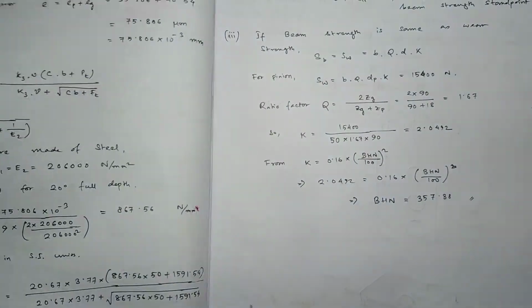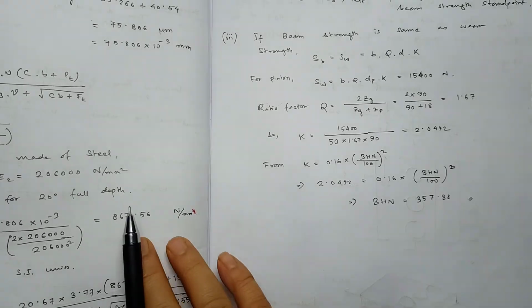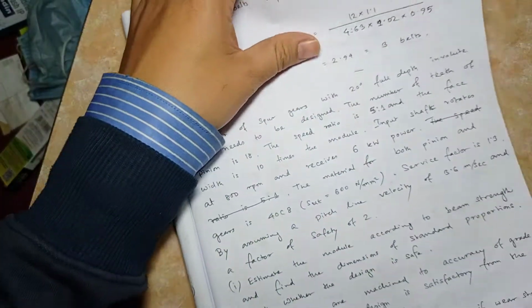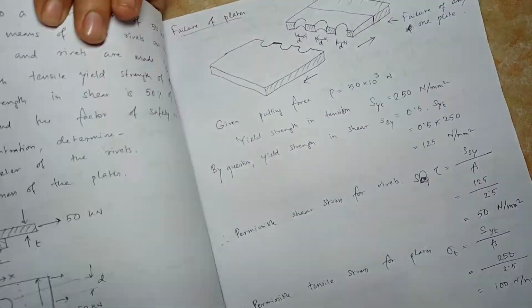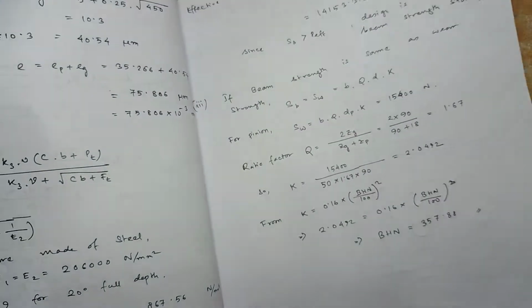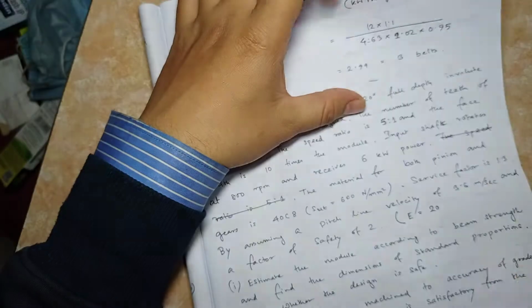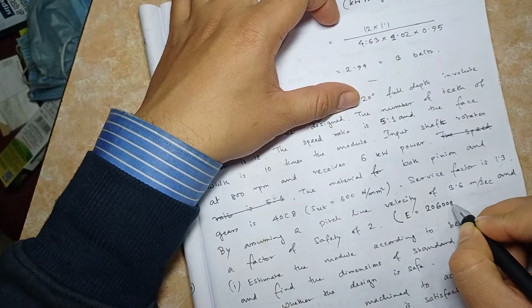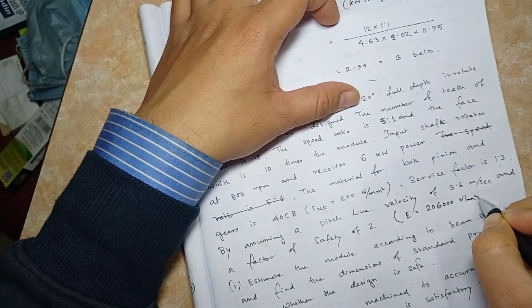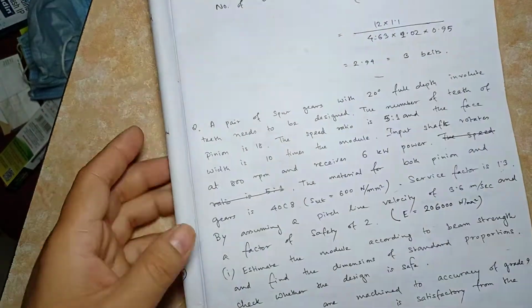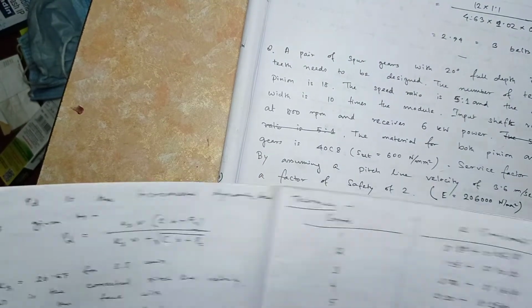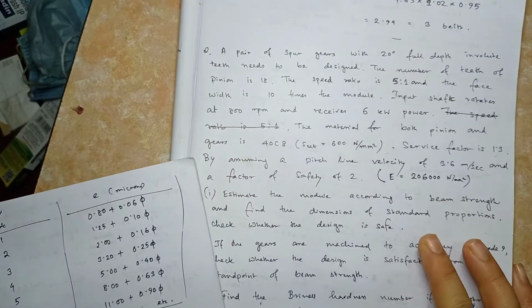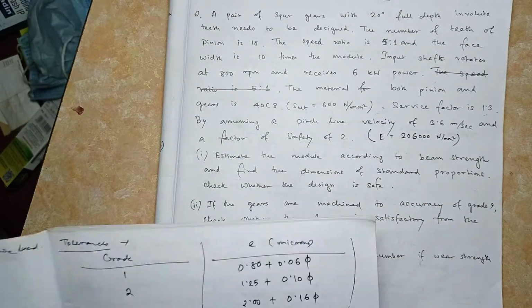Here you see E1 and E2 are made of steel, so take E equal to 206,000. This has to be given, or in some data books it can be found, but if you do not have it, you have to take it for steel.